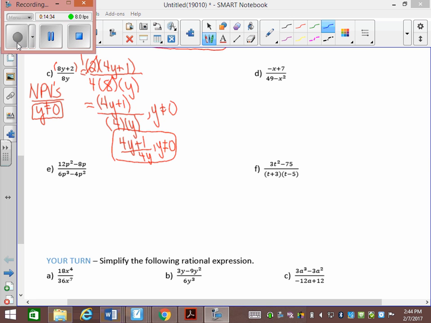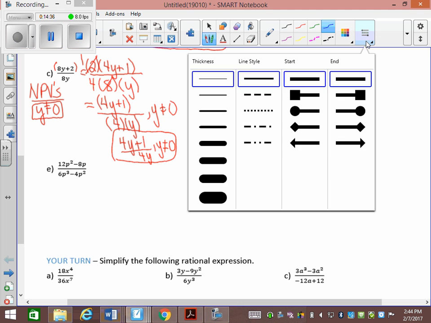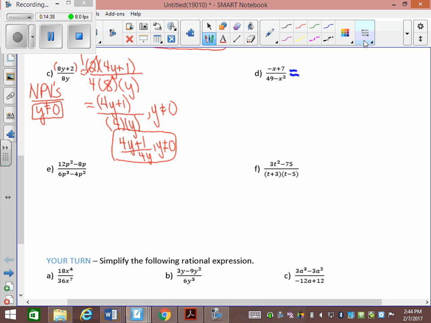So the top is going to stay negative x plus 7. The bottom is going to be a difference of squares. It's going to have a 7. Square root of 49 is 7. And square root of x squared is x, plus or minus. Now, before we cancel or do anything, we have to state non-permissible values.